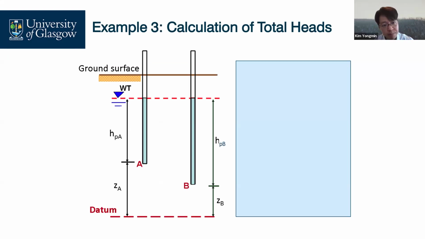We install 2 standpipes. And as you can see, the groundwater is horizontal. Let's calculate total heads at points A and B. Just a reminder of how to calculate total head: total head is pressure head plus elevation head. Elevation head is ZA, ZB.